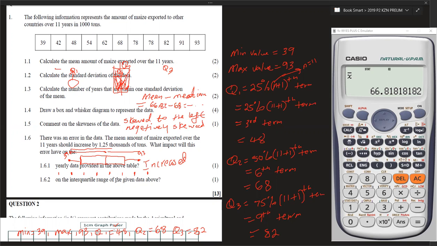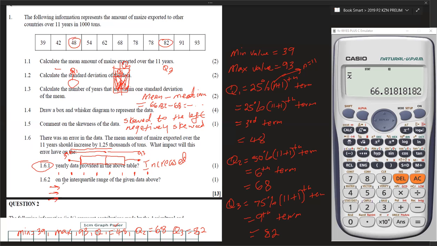Now let's check this one. On the interquartile range of the given data. Okay. So now, guys, as I said here, the total value will increase, right? When we add them together, this data set here. But for example, this one is open-ended, right? It's open to a lot of arguments. For example, okay, let me circle my quartiles. It was this one and that one, right? Remember, interquartile range is Q3 minus Q1. So I'm interested in those two. Sharp. So for example, they can maybe add there, then not add here, add everywhere and not add there.